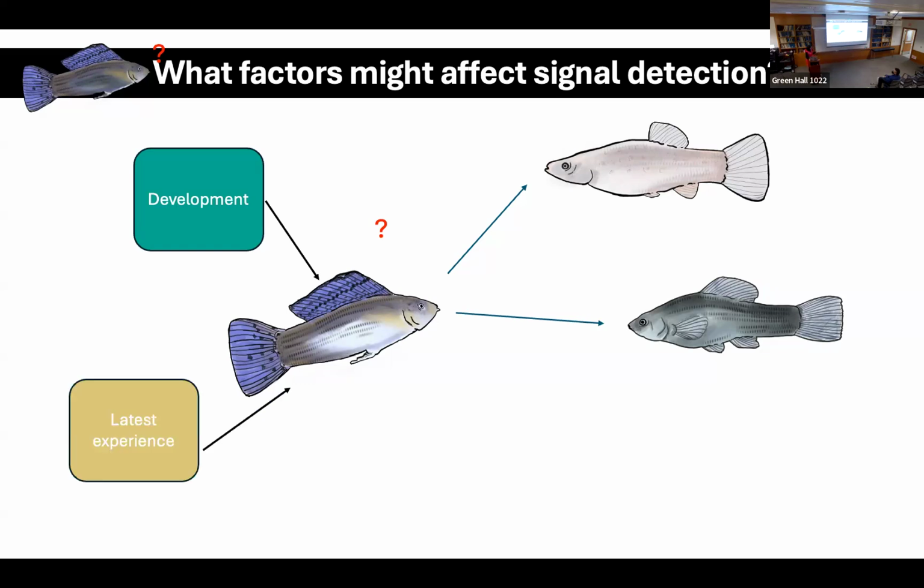Maybe his latest mating experience also biases him towards one or the other kind of female. And maybe the state of sperm limitation, how many gametes the male currently has to invest in his next mating opportunity, has some effect on his choice between Amazons and sailfin mollies.